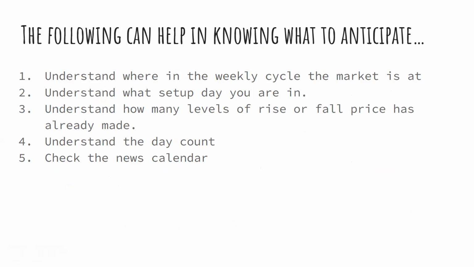Understand how many levels of rise or fall price has already made. Sometimes on certain pairs, for example currency pairs, price can jump 50 to 75 pips in terms of a pump.